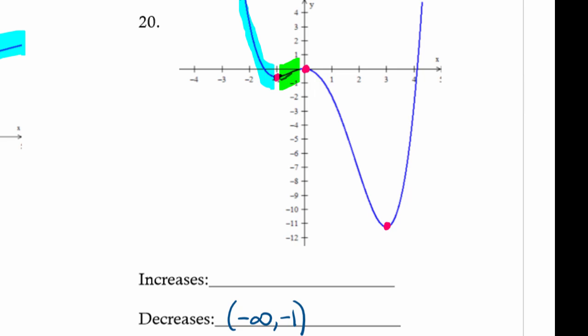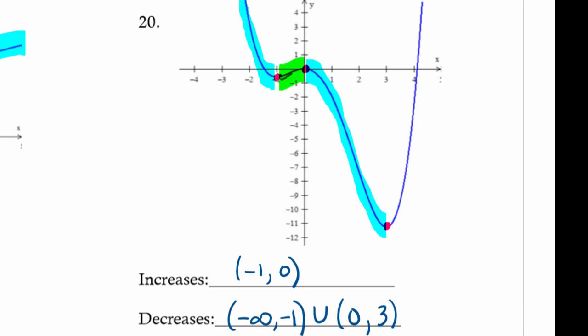Let's look at that uphill for this little piece right here, from -1 to 0. All right, so we're going uphill for just that little bit. Okay, and then what happens? Well, the function decreases. So now it's going downhill again. And that happens from 0 to 3.